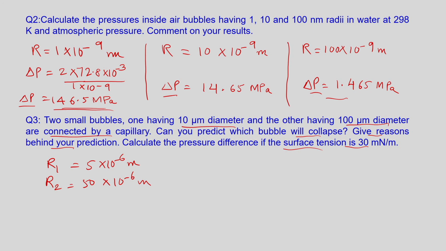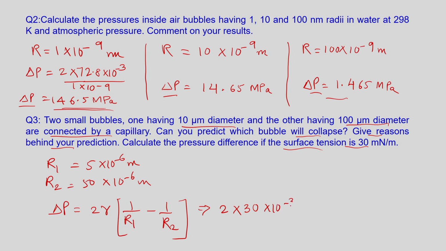The difference in pressure, delta P, is 2 gamma times (1 by R1 minus 1 by R2), because the pressure for R1 is 2 gamma by R1 and for R2 is 2 gamma by R2. Just subtract these two and you get this expression. It has a surface tension of 30 millinewton per meter, so 2 into 30 into 10 to the power of minus 3.